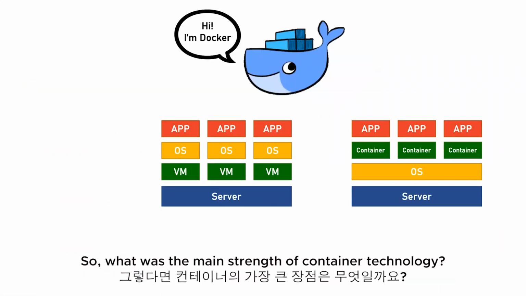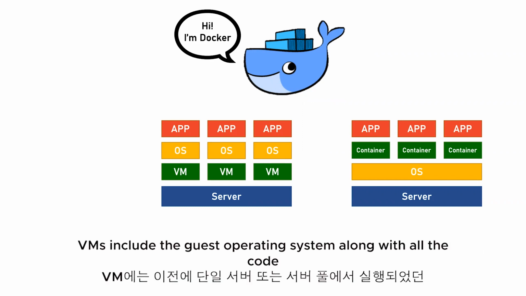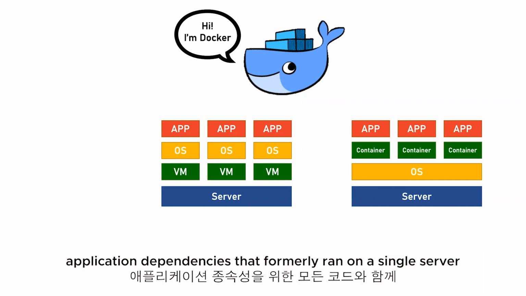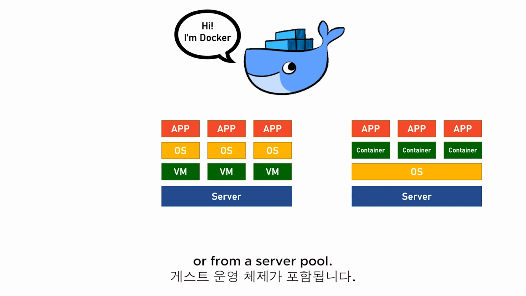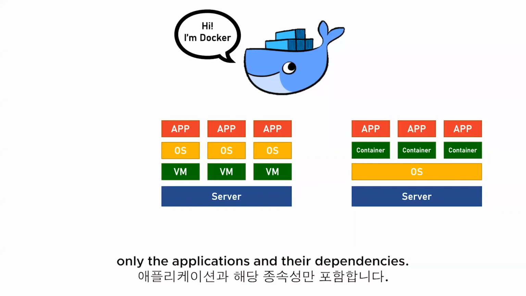So what was the main strength of container technology? Is it different from legacy VM? VMs include the guest operating system along with all the code for their applications and application dependencies that formerly ran on a single server or from a server pool. In contrast, containers share the host OS and include only the application and their dependencies.